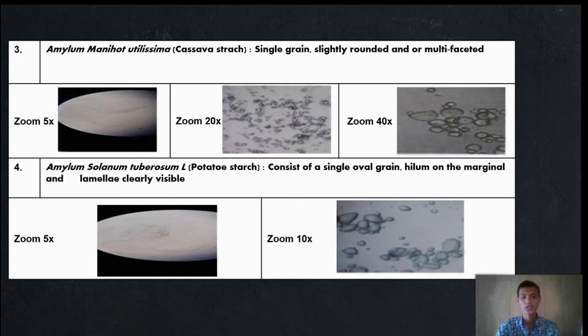For Amylum solanum tuberosum L or potato starch, it consists of single oval grains, with the hilum at the margin and lamella clearly visible.